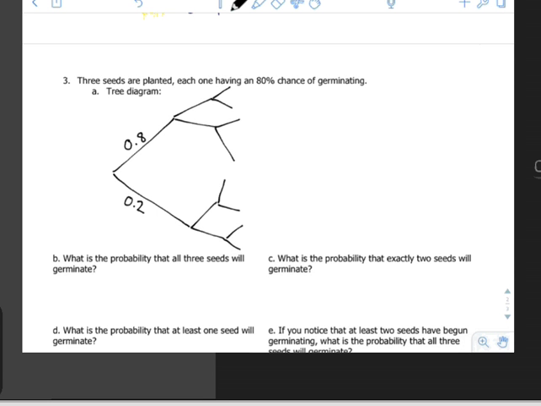And at the very end, when you multiply them, I would recommend you go out like 6 digits. You don't want to round it until the very end. So when somebody does 0.8 times 0.8 times 0.8, or you could do it even faster by saying 0.8 to the third. Yes? 0.512.